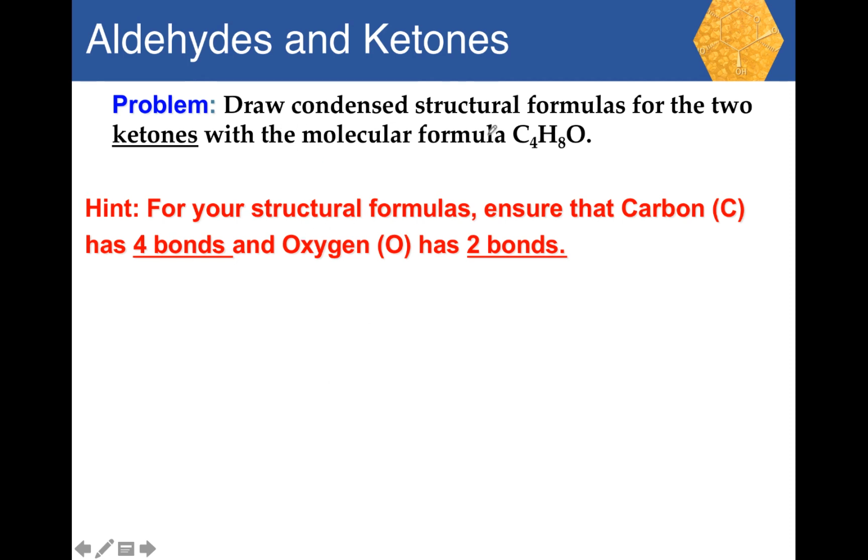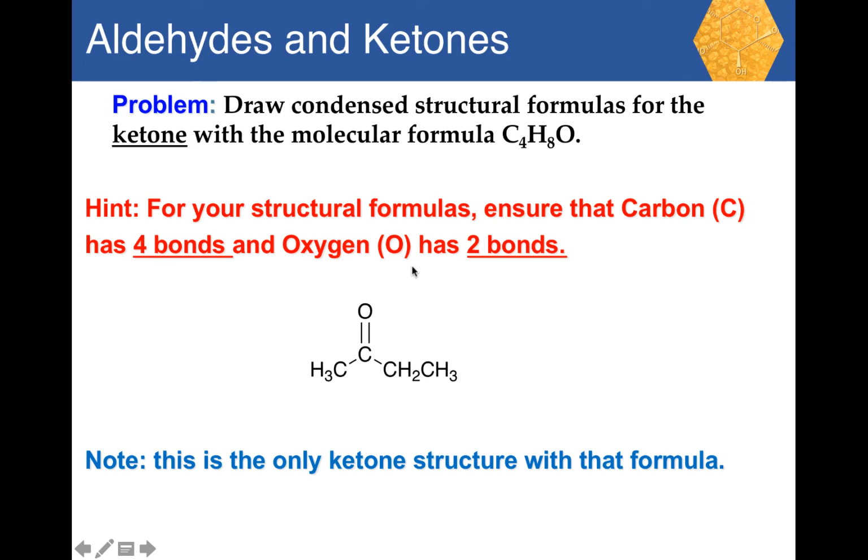Let us look at another possibility here. Draw condensed formulas for 2 ketones with the molecular formula C4H8. So let us remind ourselves again that carbon has 4 bonds to it and oxygen has 2. Let's see what we can do here. This is our carbonyl, our carbon oxygen double bond.